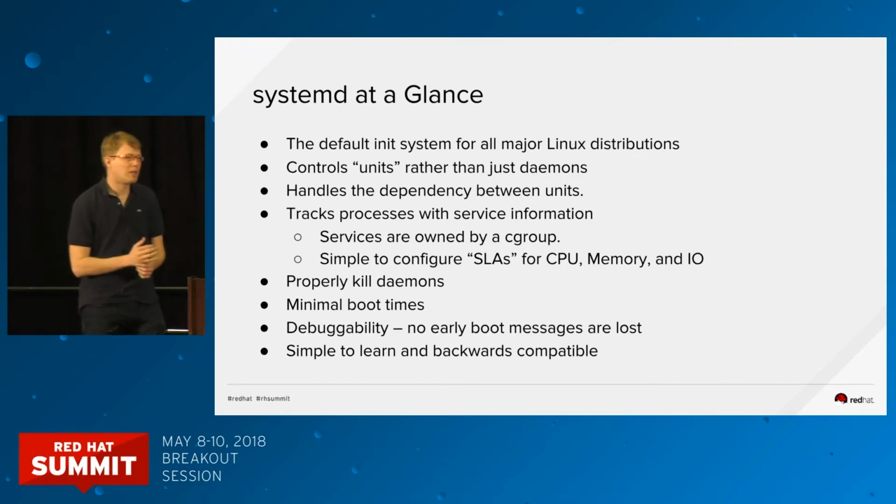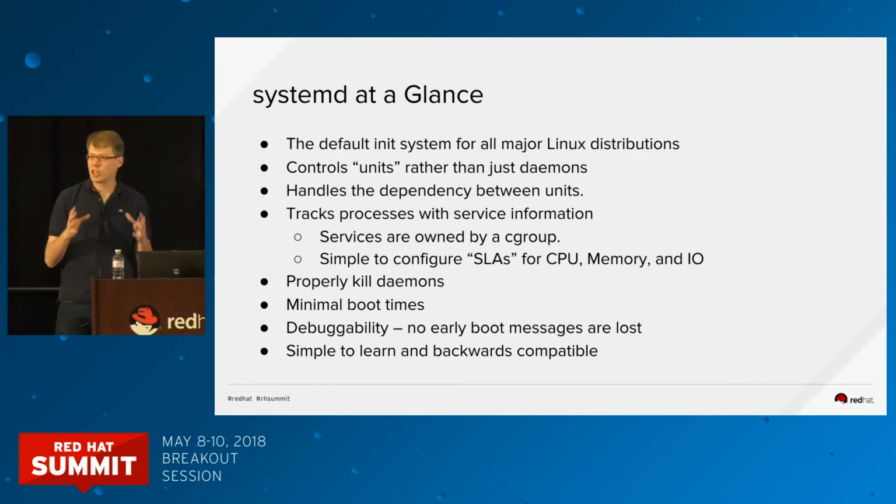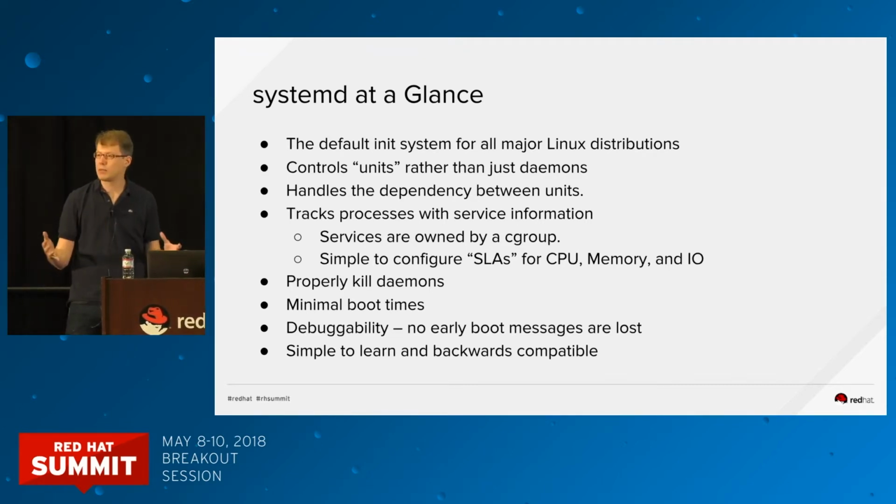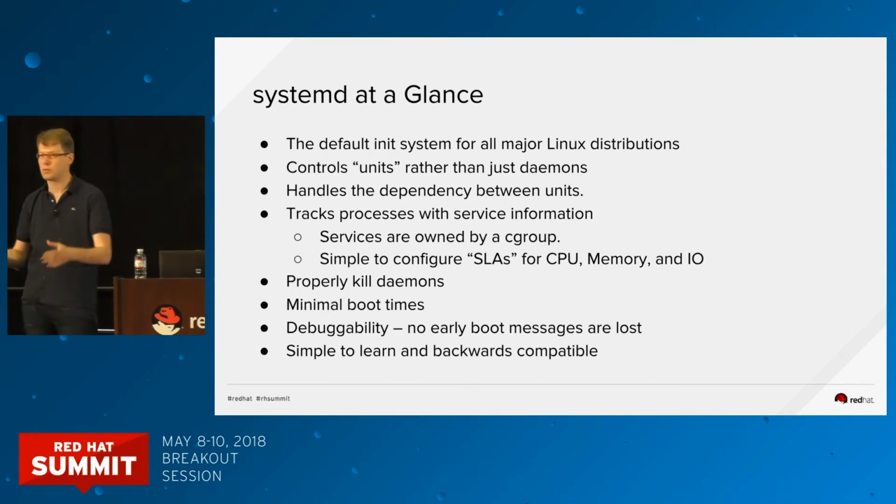It's specifically about the fact that a service usually consists of multiple processes, and only because systemd knows to which service a specific process belongs, it can properly shut down the service in its entirety, right? This is relevant, for example, when you have Apache and it forks off a couple of worker processes, and these worker processes fork off a couple of CGI scripts or something like this, right?